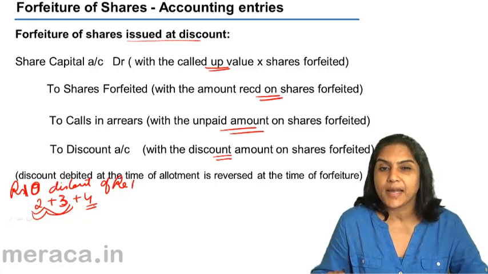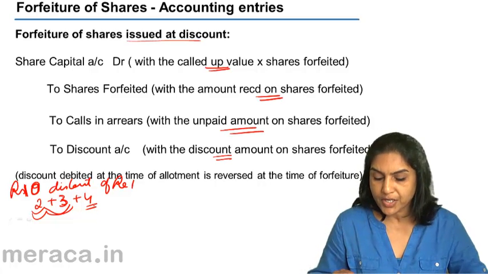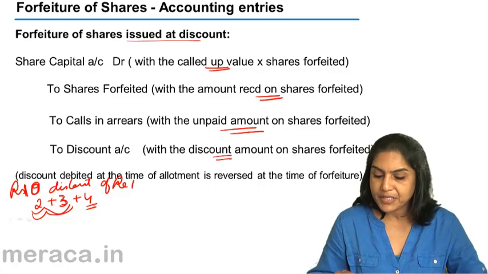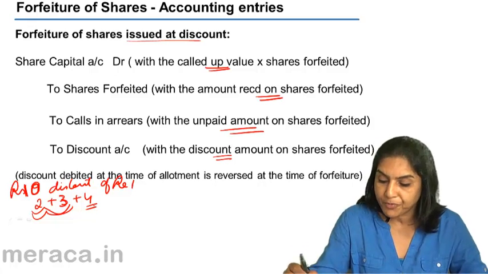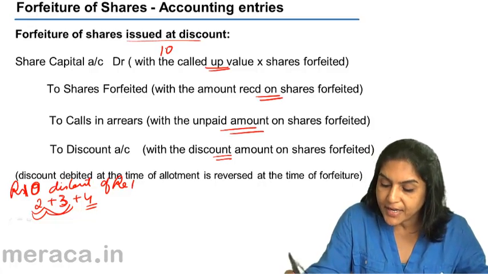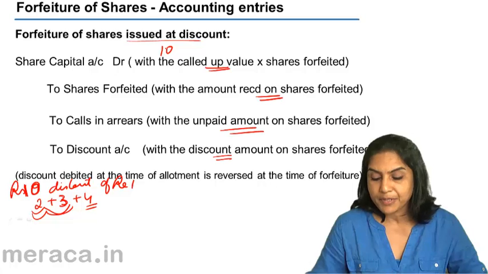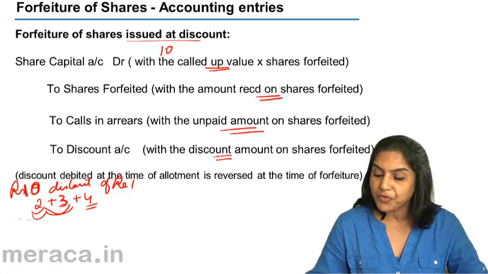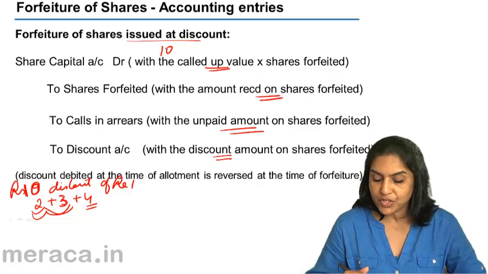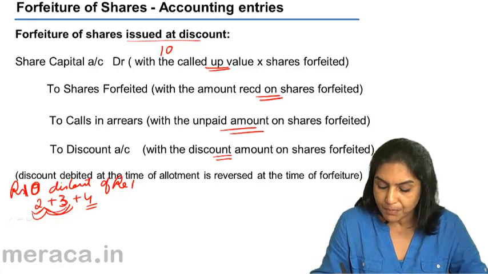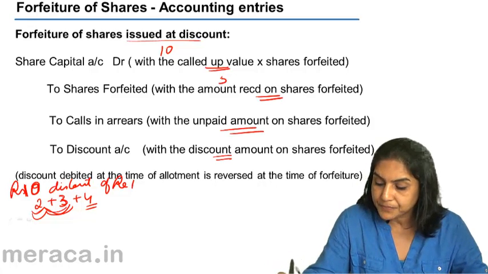So what would be the entry? Assuming that one share is being forfeited, share capital account would be debited with the called up value. Assuming that it is entirely called up, you will debit share capital with 10. To shares forfeited with the amount received on the shares forfeited. So we have received 3 plus 2, 5 rupees.